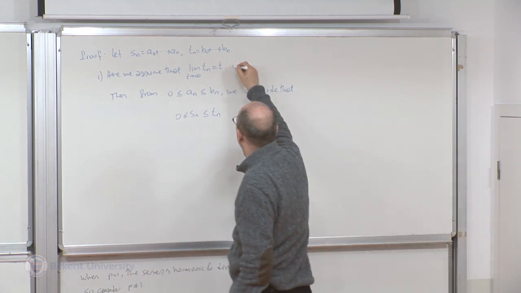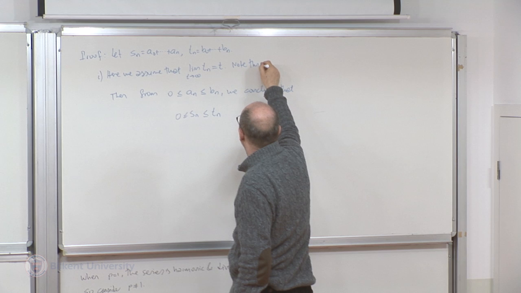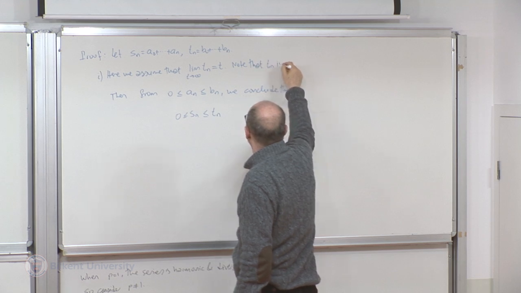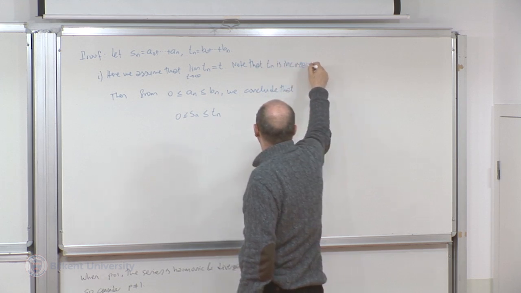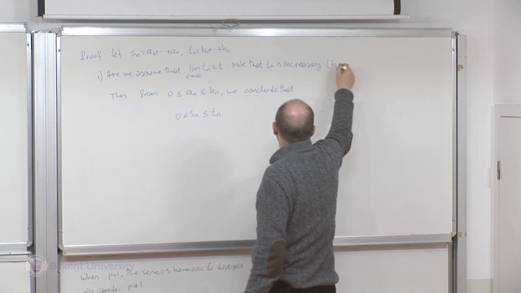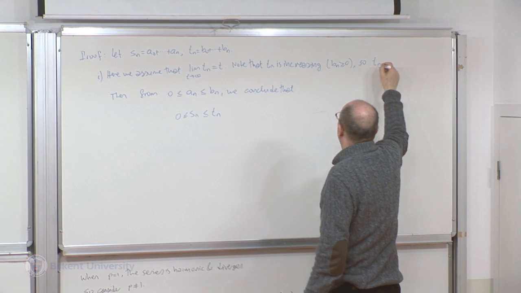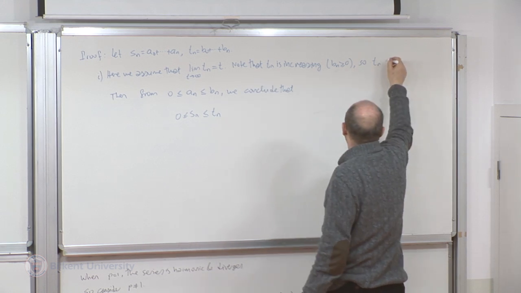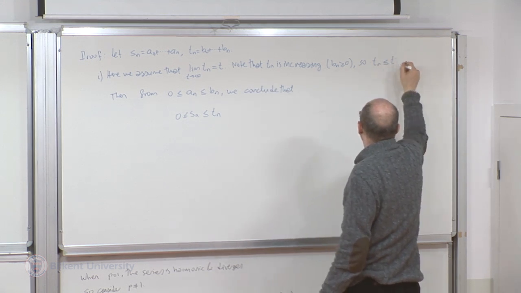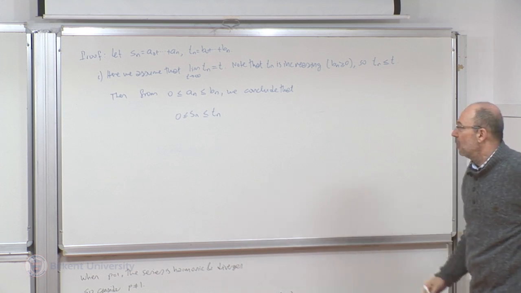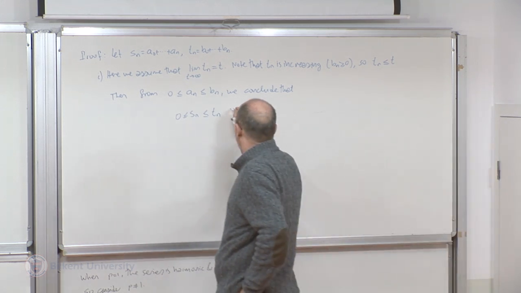Note here that Tn is increasing since the Bn's are all positive. So Tn increases to T, and so Tn is less than or equal to T.